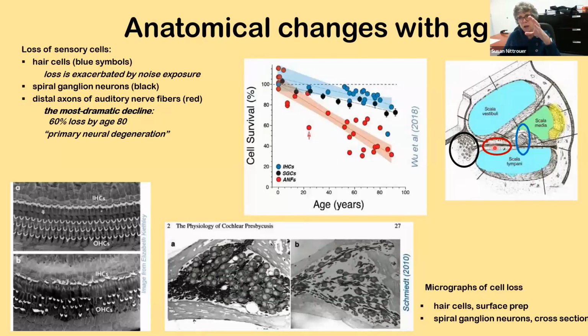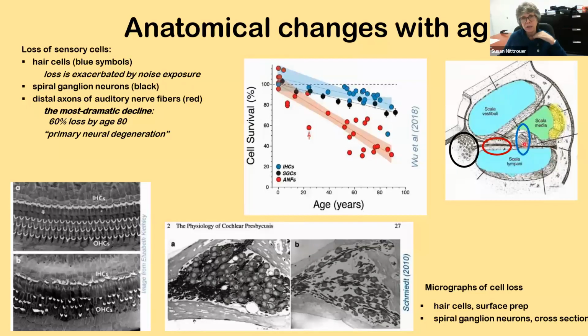Again, they become detached from the inner hair cells. Deafferentation is the term. So now even functioning hair cells may not send signals to the central auditory system with as much efficiency.